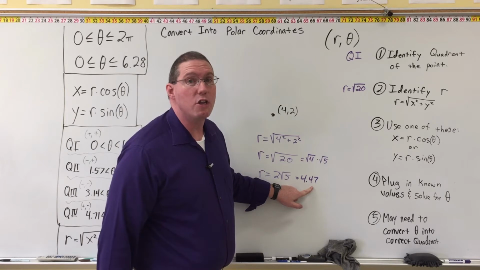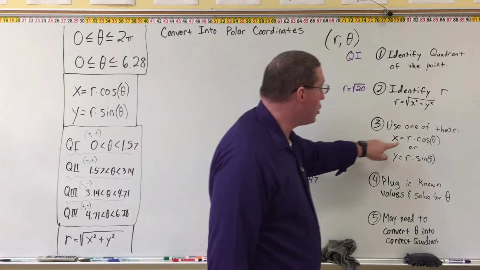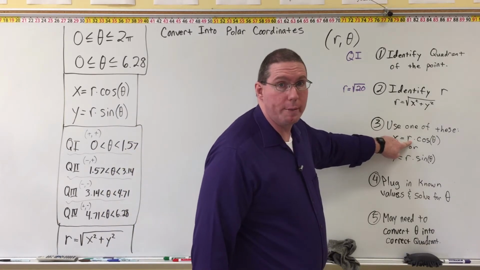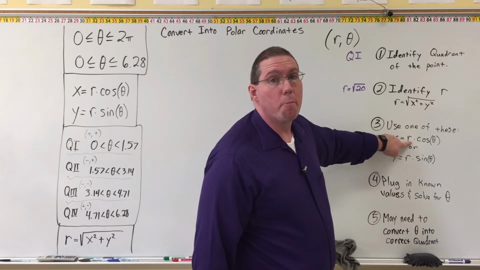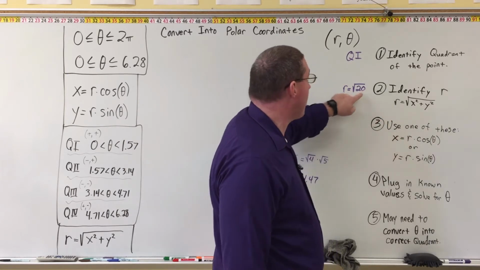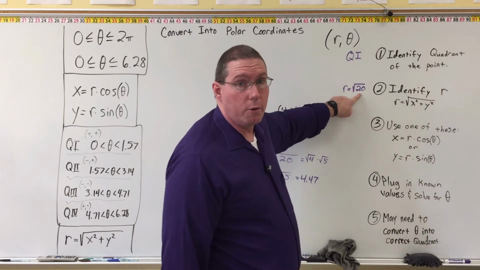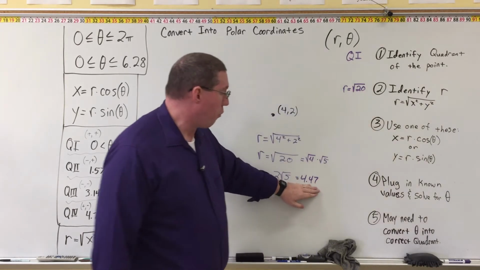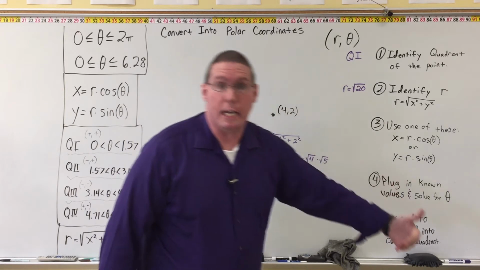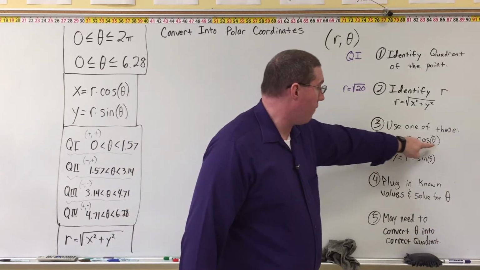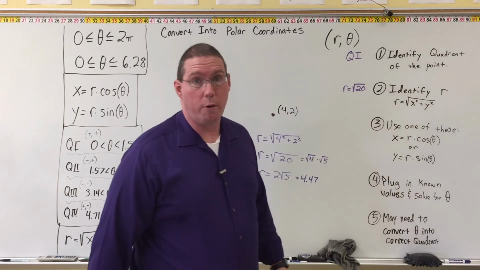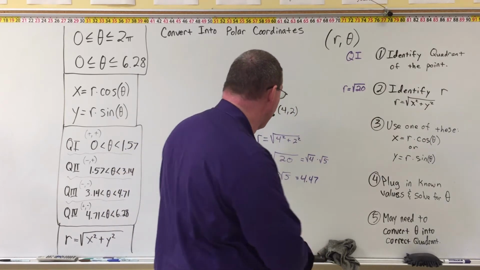We should not use approximations in solution formulas. We should use precise values, which in this case is the square root of 20. So we're not going to use 4.47 until we're putting in the final answer. In our formula, when we're solving for theta, we're going to use the square root of 20. It's very important for you to understand.